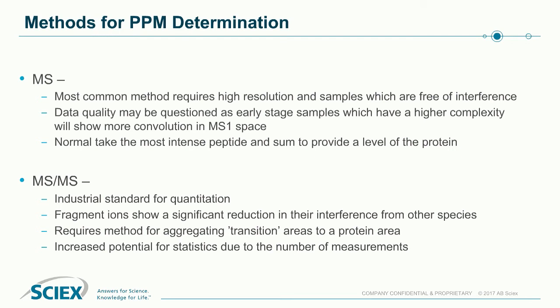We prefer to use the MS/MS values because the likelihood of interference is less. The aggregation of these measurements to the protein level is somewhat simpler than using the MS1 values. It also allows us to have increased statistics around the measurements and confidence in the results moving forward.